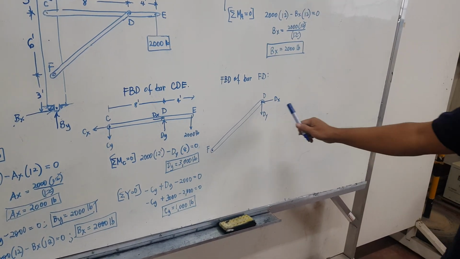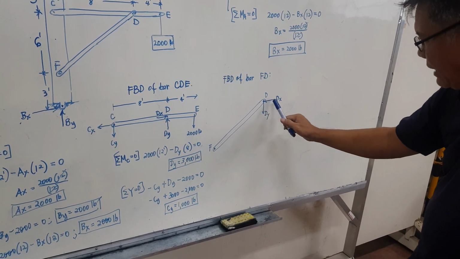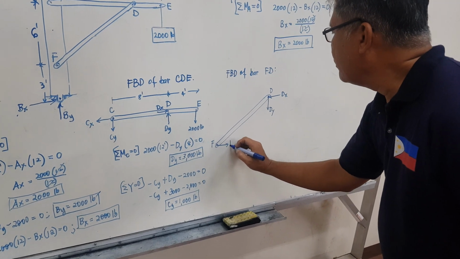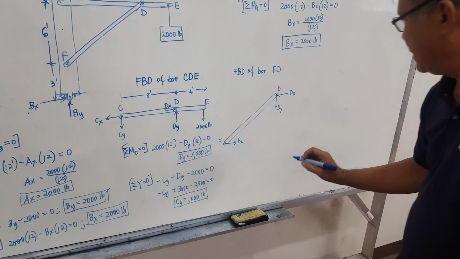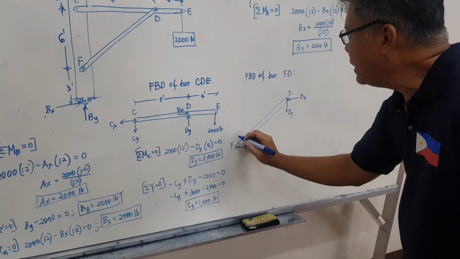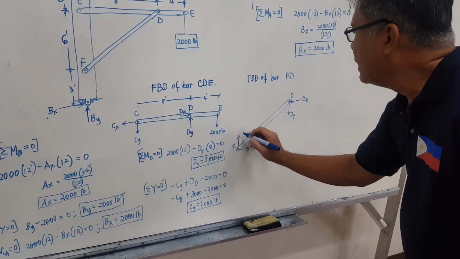In order to balance Dx, there should be a force going to the right. We call that one Fx. And for Dy, which is going down, it should be balanced with an upward force here, Fy.